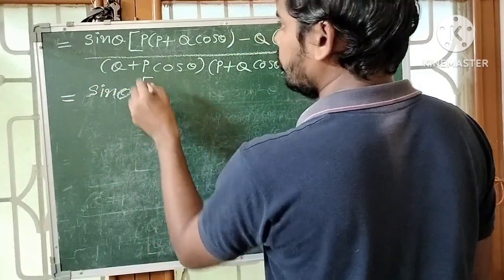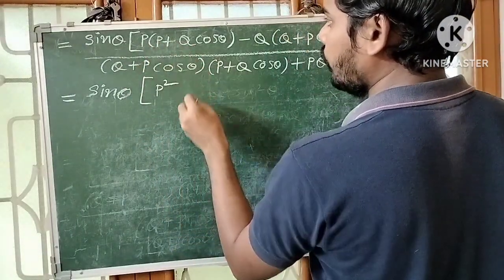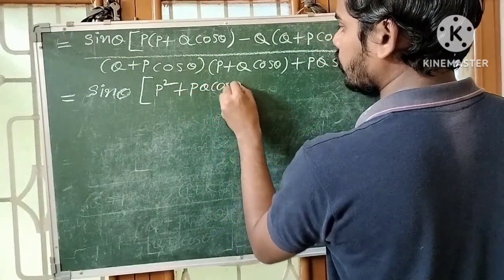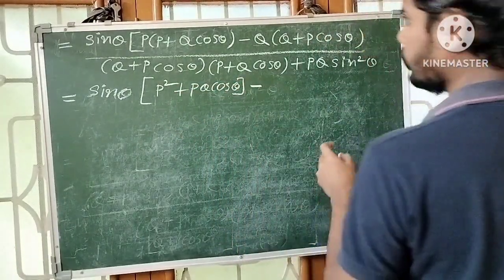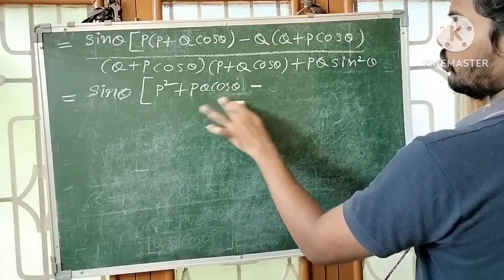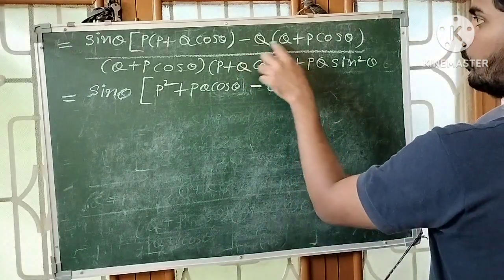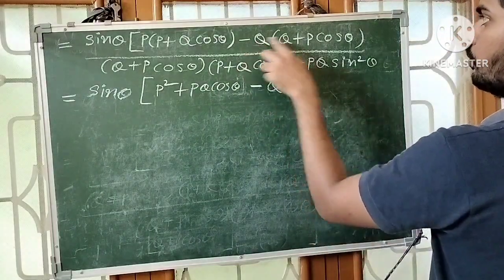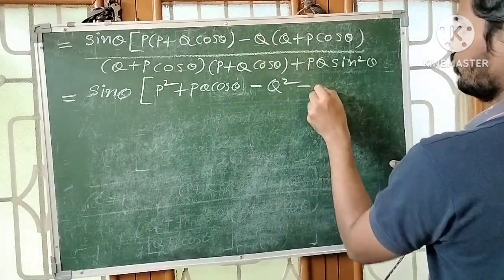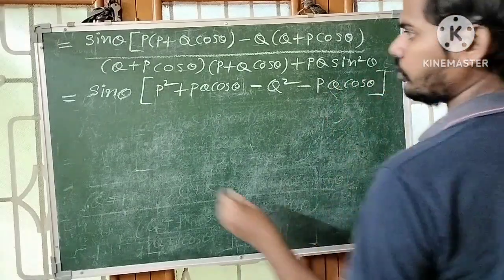Sin theta into p, p square. So p into q cos theta, pq cos theta, minus q into q, q square. So minus q into q, minus q square, minus q into plus p cos theta, minus into plus, minus pq cos theta, bracket close.